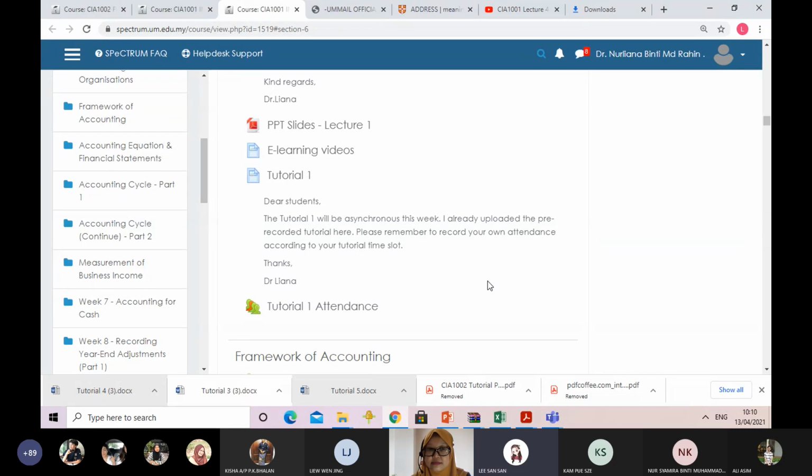Doctor, for the test, do we write on paper and then upload to Spectrum, or write directly on Spectrum? No answer on paper. You have to copy and paste your answer in the Spectrum answer box.